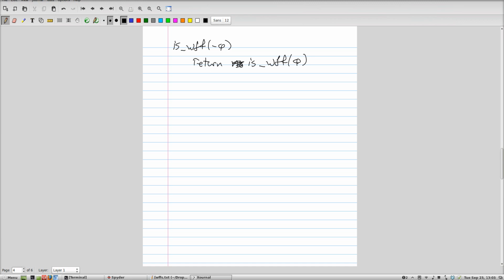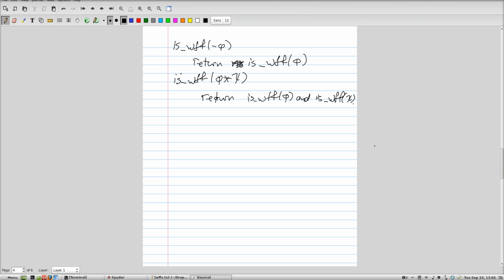So you just check is-well-formed-formula phi, and similarly for phi and psi, you just have to return... actually, it works just like the disjunction: is-well-formed-formula phi and is-well-formed-formula psi.